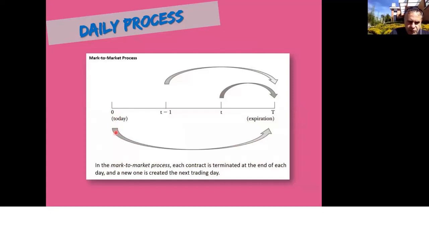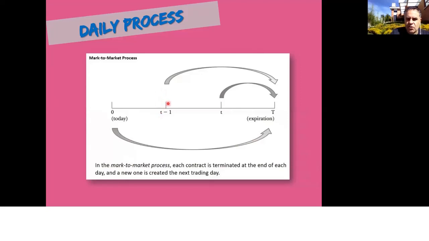For example, today a contract is born and is agreed on to expiration time T, capital T. But at the end of the day, today it's a trading day, so let's assume that the trading goes along during the day, and at the end of the day, you will do a mark-to-market. So if you have a profit, you will be paid. If you have a loss, you will have to pay that, so that the value of the contract will go back to zero at the end of that day.